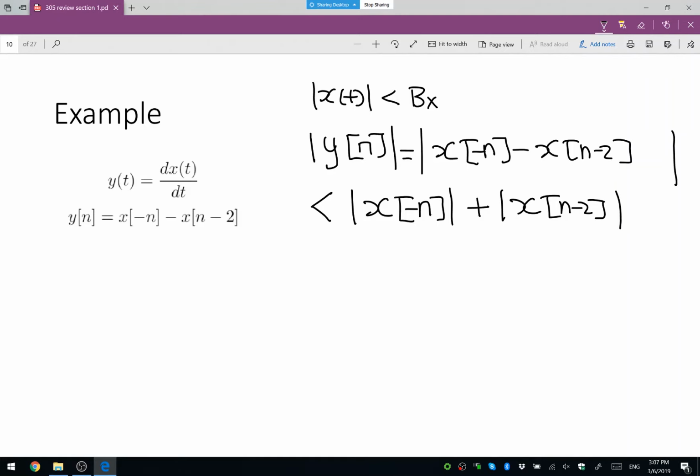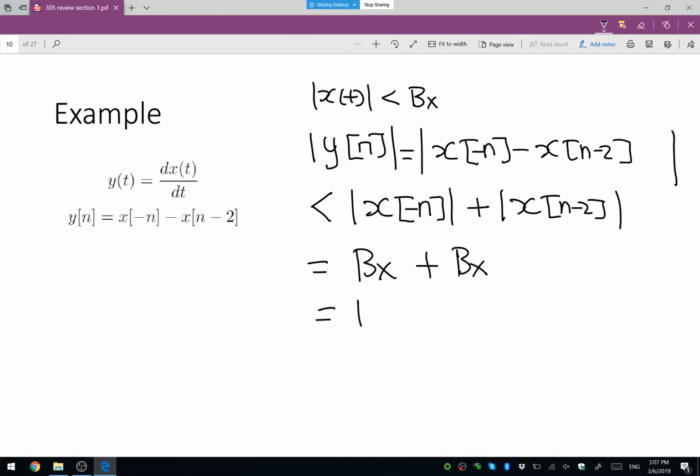For the first part, it is the original signal time reversed. But time reversal does not change the magnitude. So the first part is still Bx, and the second part is a time shift. And time shift does not change the magnitude. So this part is also Bx.